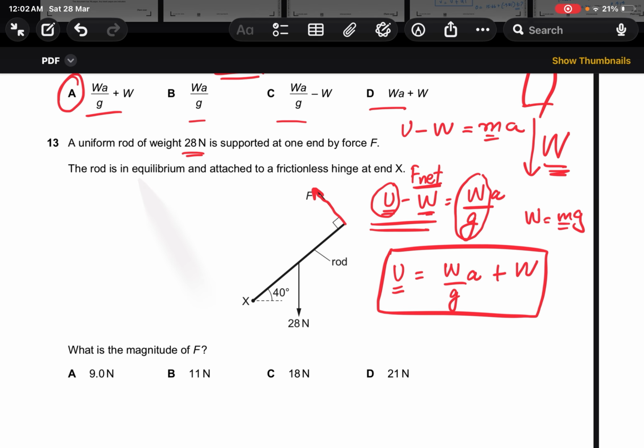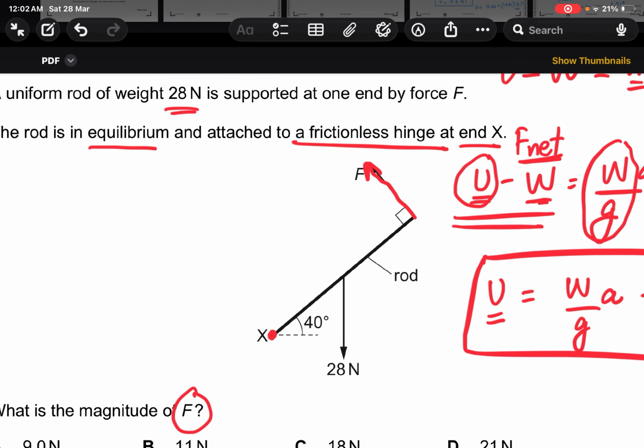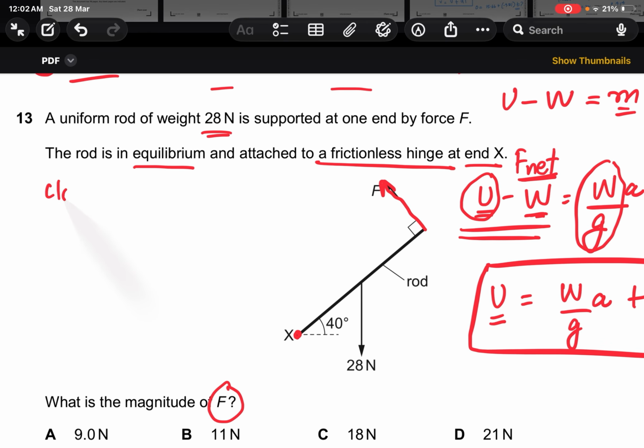The rod is in equilibrium and attached to a frictionless hinge at end X. So the rod is attached here, and then I know there's a weight, and I have to find the magnitude of F. Now I know that my clockwise moment is going to be equal to my anticlockwise moment.